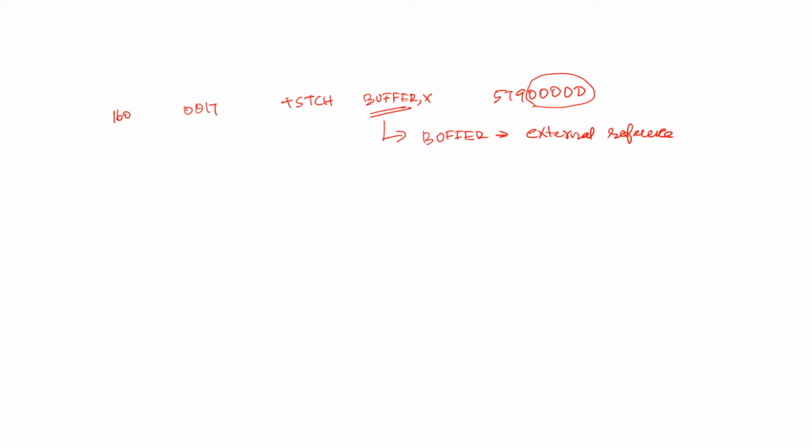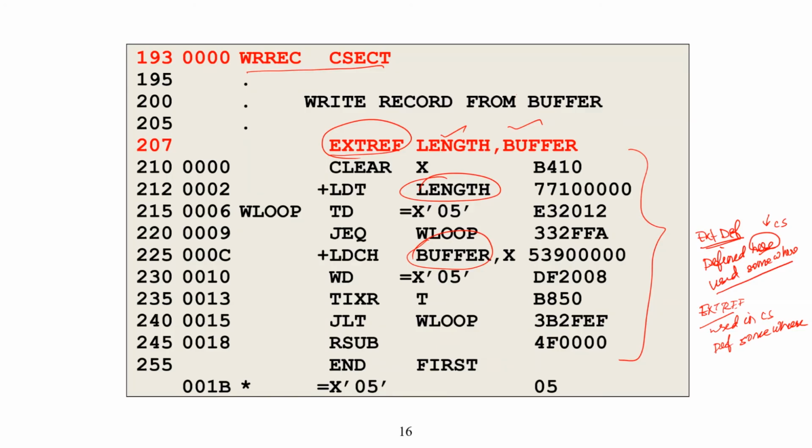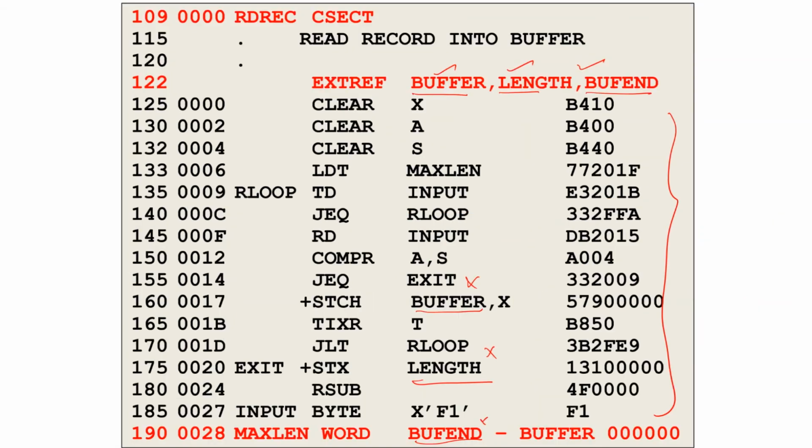So when you find a symbol which is defined outside, we see it here. For this length, we don't know the value, so we put 000. We don't know the value for buffer, so we put 00. Going to the previous one, we don't know the value for buffer again, so we put 0. We don't know the value for length, so we give that as 0. Clear?